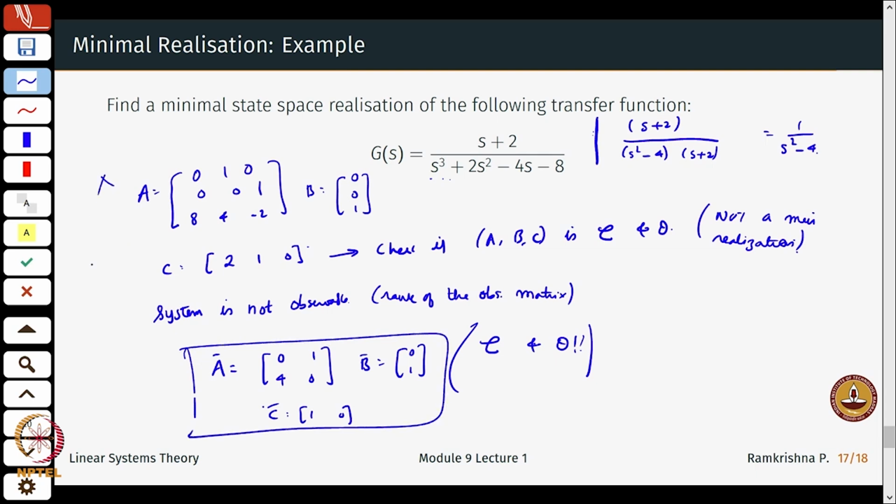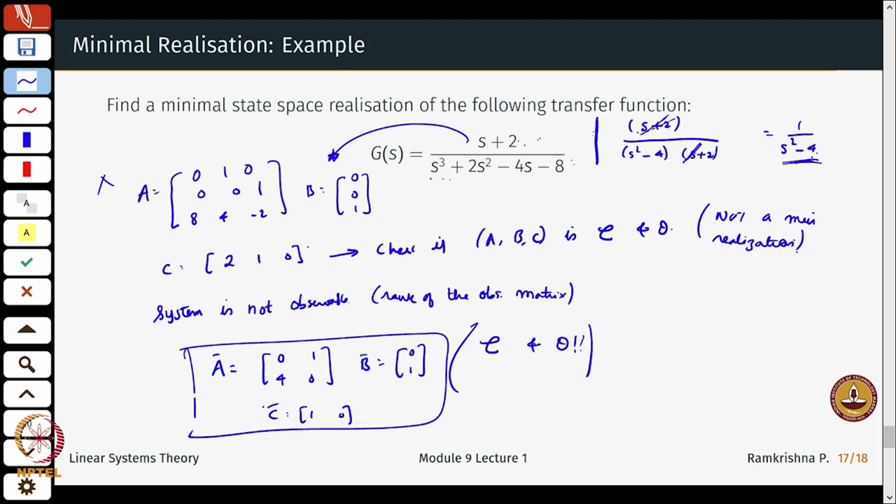One thing you can immediately observe is that if you can spot a pole zero cancellation in the transfer function, then the realization may not necessarily be minimal, because you miss the pole zero cancellation. So you factor out these terms and take into account any cancellations, then you will arrive at a minimal realization of the system.